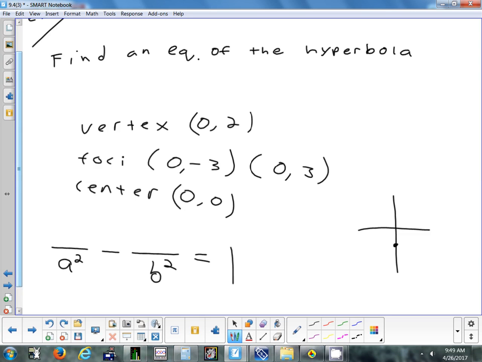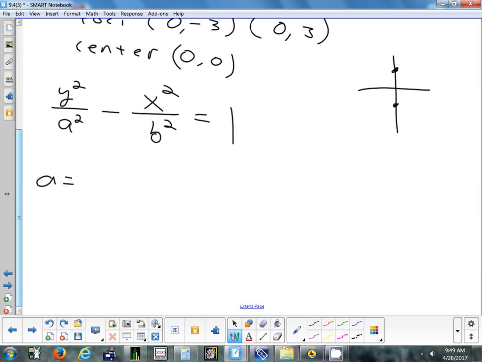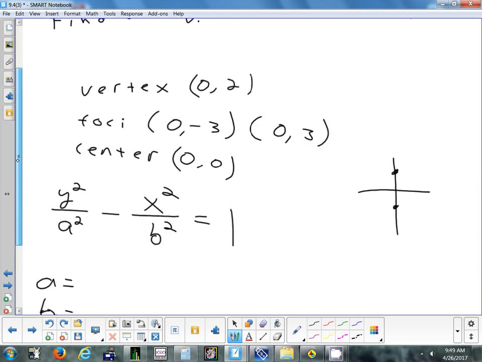Yeah, 0 down 3, 0 up 3. So if they're going to line up vertical, that means what letter has to be positive? The y. That's the equation you're using. So let's just find a and b. And we'll probably have to find c to do that. What's a in this case?